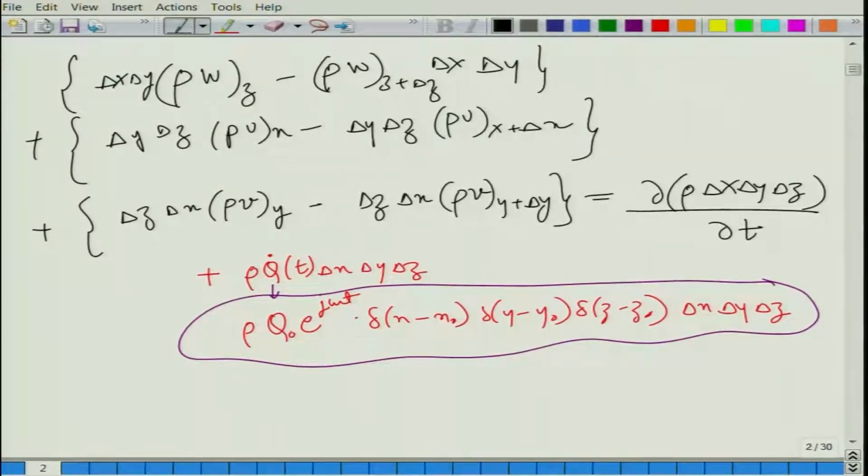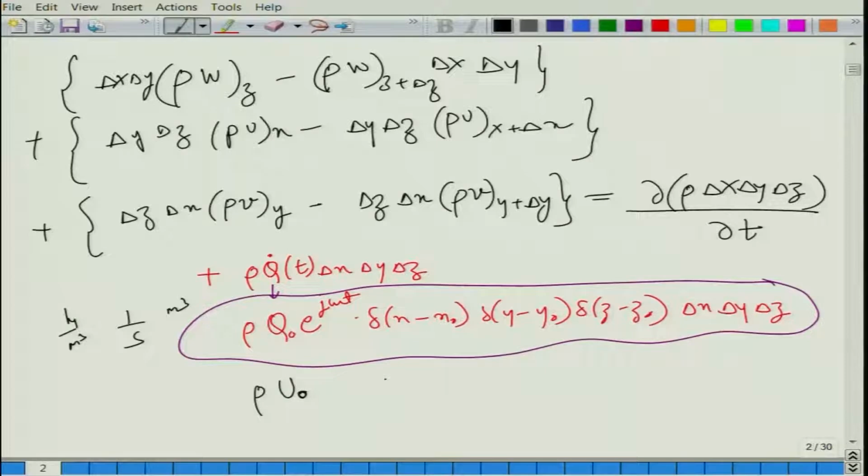In such a system, you still have your rho into Q naught. Sorry, Q naught is basically velocity. Remember that the units of Q dot were 1 by second, and this was kg by meter cube, and here it was meter cube. So, things were working out.